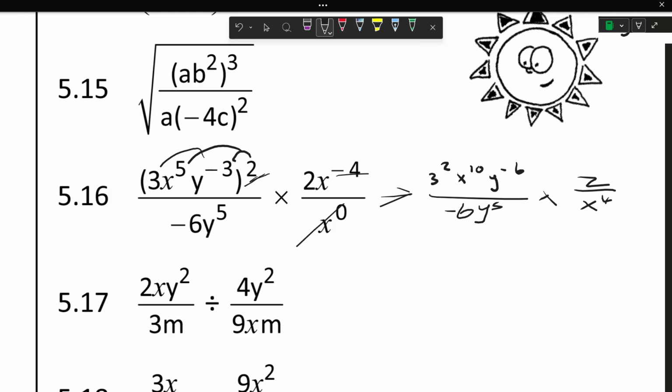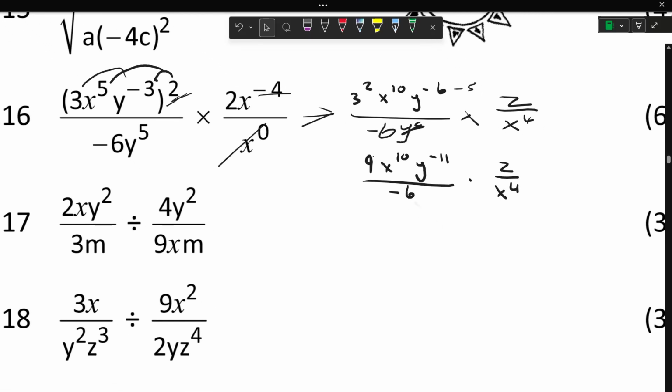And then we can also say that this will be minus 5. So when I say minus 5, I mean this y to the 5 on the bottom here, you can minus. And now we move on with our problem, and we say 9x to the 10, y to the negative 11 over negative 6 times 2 over x to the 4. Perfect, guys.